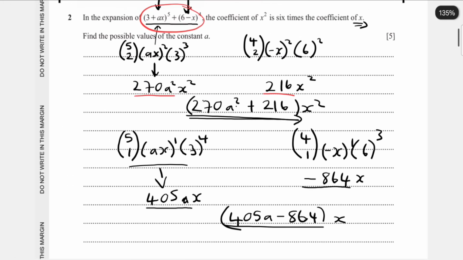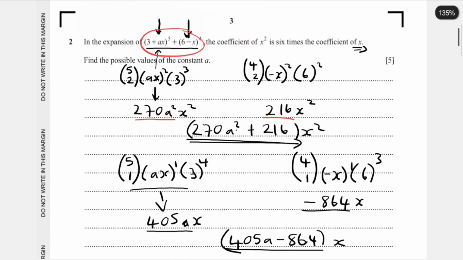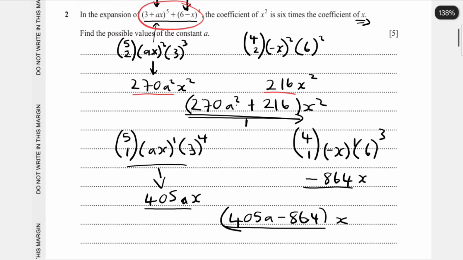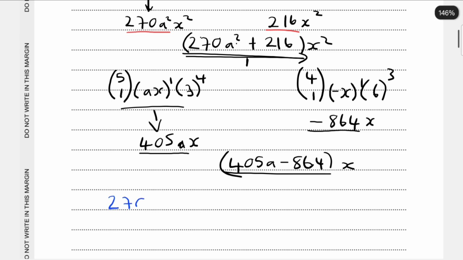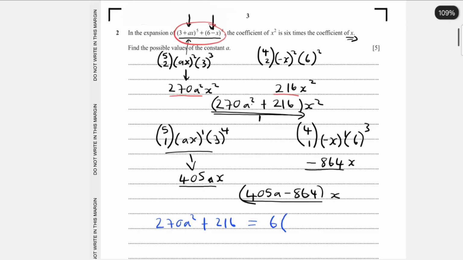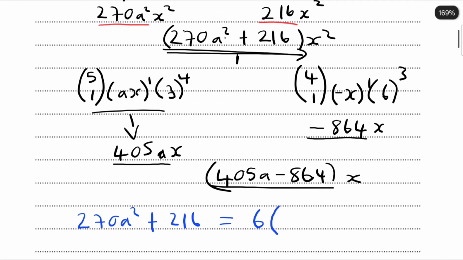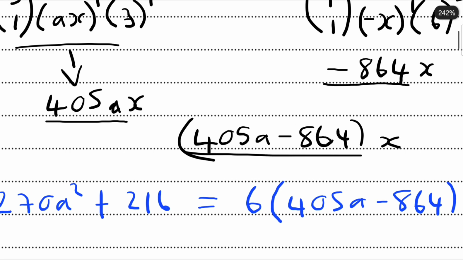And we're told in the equation that the coefficient of x squared, this one, let me use a different color, the coefficient of x squared, which is 270a squared plus 216, is 6 times the coefficient of x. It is 6 being multiplied by what? By the coefficient of x, which is 405a minus 864.